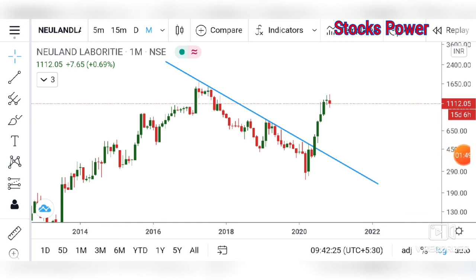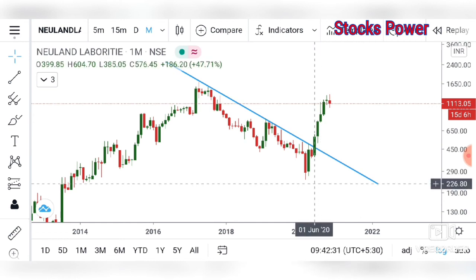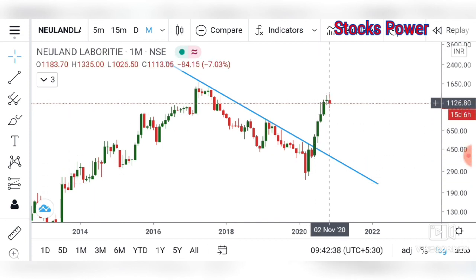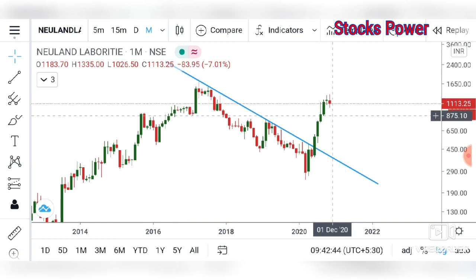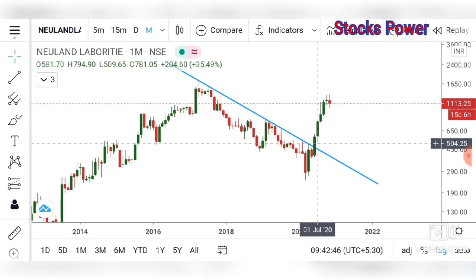So you can check this stock, Newland Laboratory, at which month it has given breakout. We can see July month. So in July month it has given breakout and it went past how many rupees, check here. It is taking support here, but it has given breakout at the price of 500 rupees.